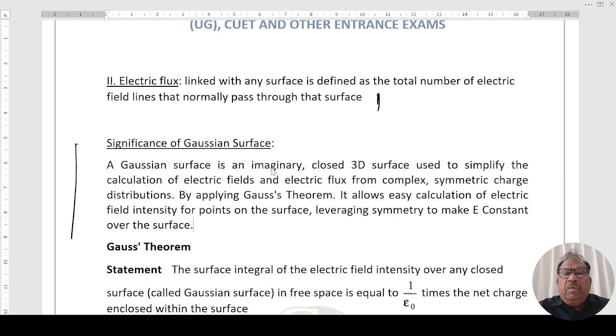Significance of a Gaussian surface: a Gaussian surface is an imaginary closed 3D surface used to simplify the calculation of electric fields and electric flux from complex symmetric charge distributions. By applying Gauss's theorem, it allows easy calculation of electric field intensity for points on the surface, leveraging symmetry to make E constant over the surface.